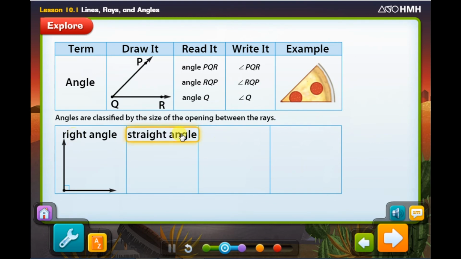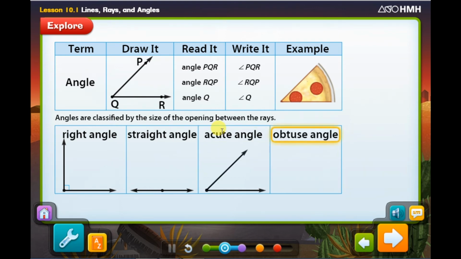A straight angle is just like a straight line. A straight angle forms a line. An acute angle is a small and acute angle. An acute angle is smaller than a right angle. Lastly, an obtuse angle is a wide, open-mouthed angle. An obtuse angle is larger than a right angle and smaller than a straight angle.